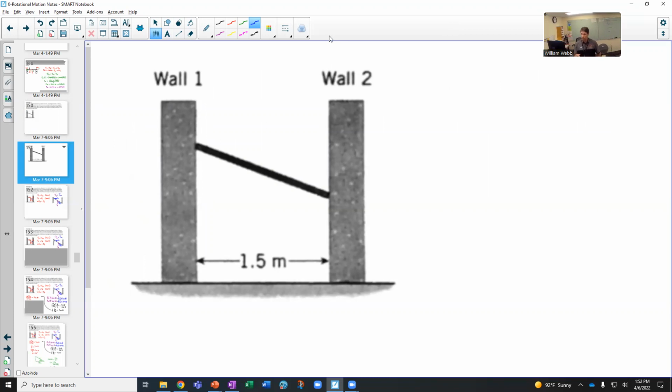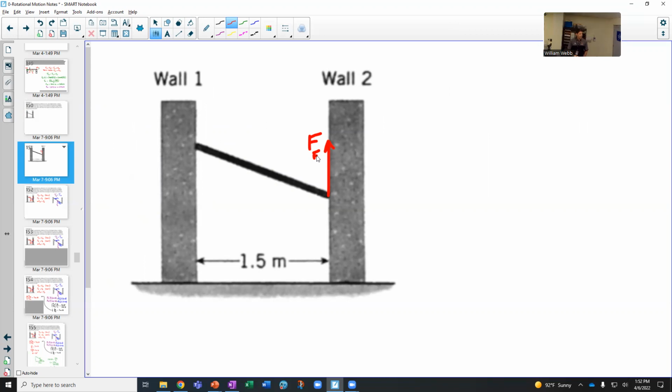So what are some forces that we could evaluate here that might help us solve this one? The friction force. And where are we going to draw that? On wall 2. On wall 2, this board meets the wall, and there's going to be an upward friction force trying to resist the gravitational force pulling it down.